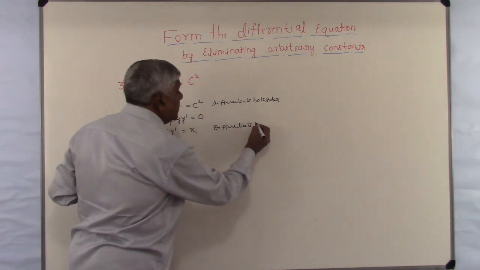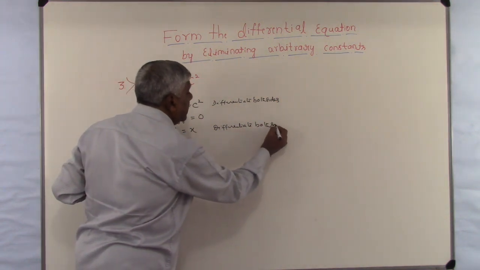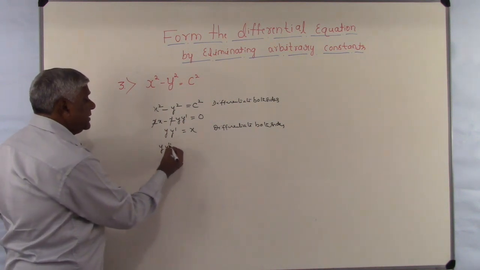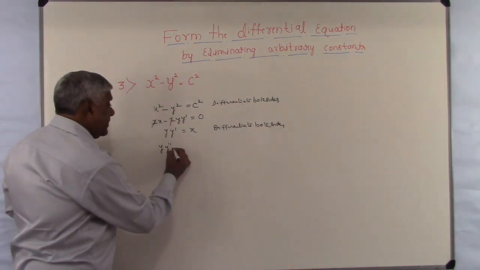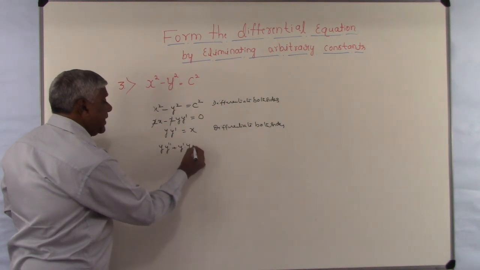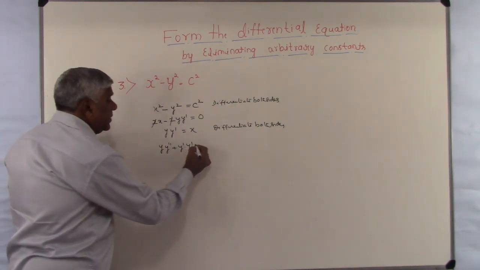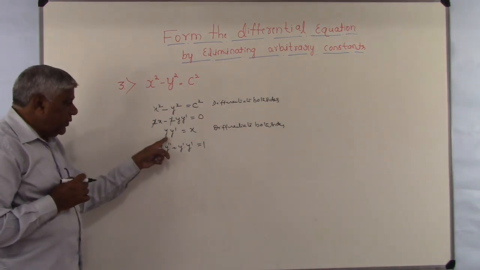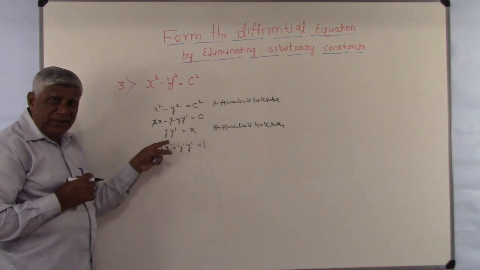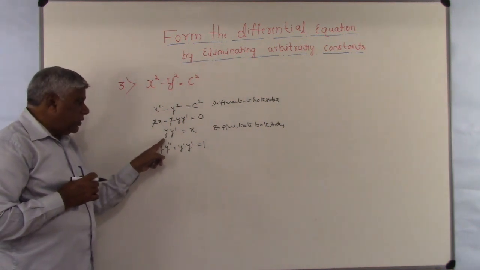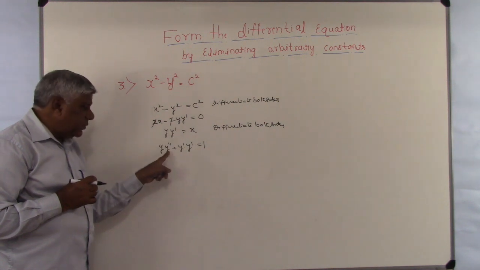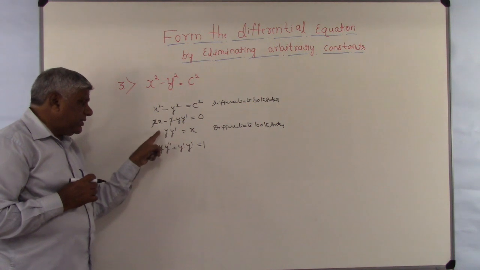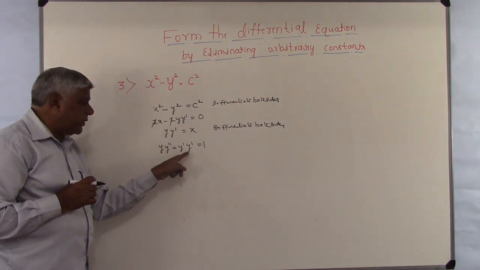Now differentiating both sides again. Now y y double dash plus y dash into y dash is equal to 1. See here, the UV method I have applied: u into differentiation of y dash is y double dash, plus v into differentiation of y with respect to x is y dash.